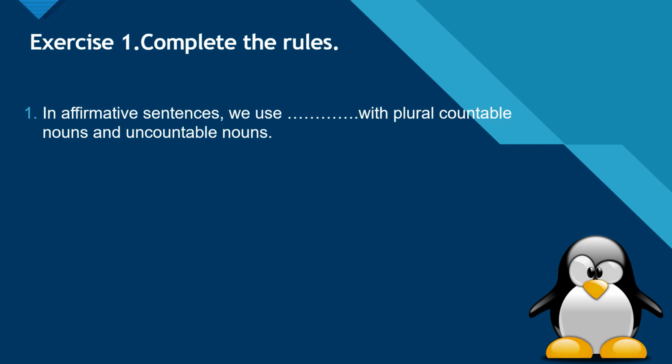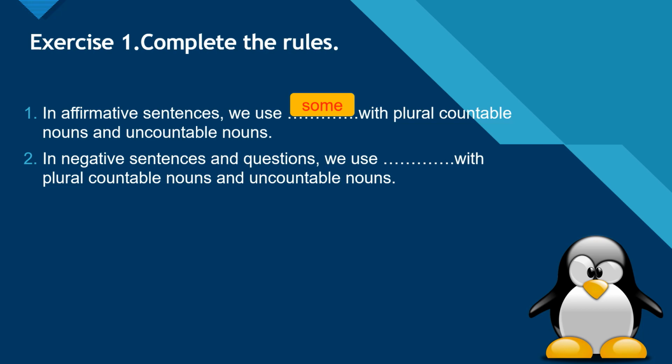The key here is plural countable and uncountable nouns. We can use this quantifier for both plural countable nouns and uncountable nouns. And another keyword is affirmative sentence, only in positive sentence. Yes, it's some. Some can be used with plural countable nouns and uncountable nouns in an affirmative sentence.